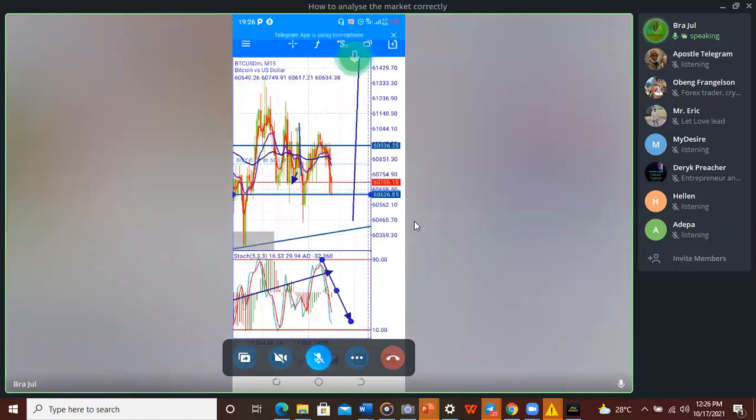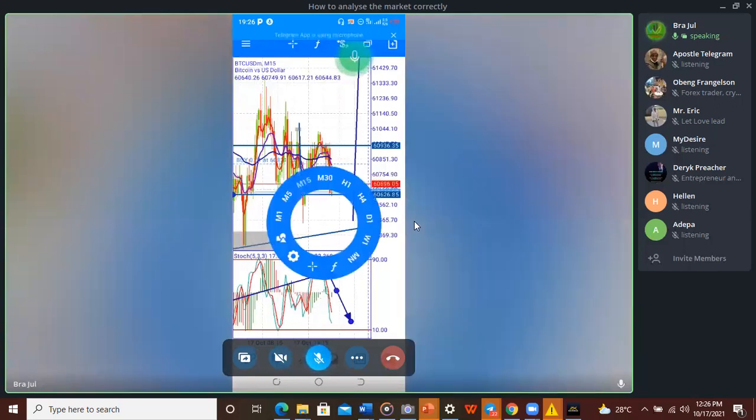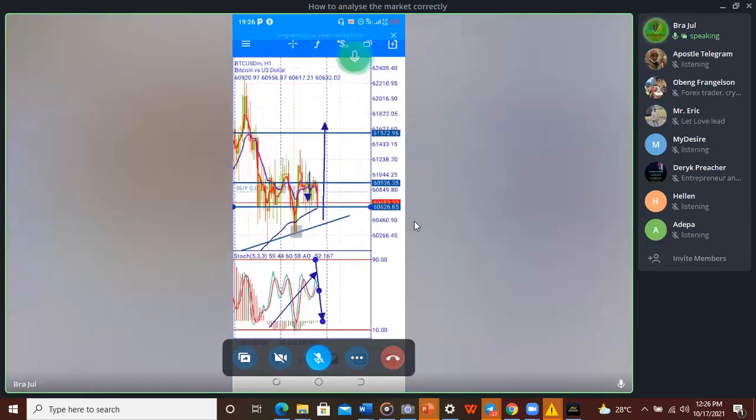Now, you can spot your support and resistance levels. You can do your analysis from higher time frames, check where the market is moving, and then take your trades in that direction.